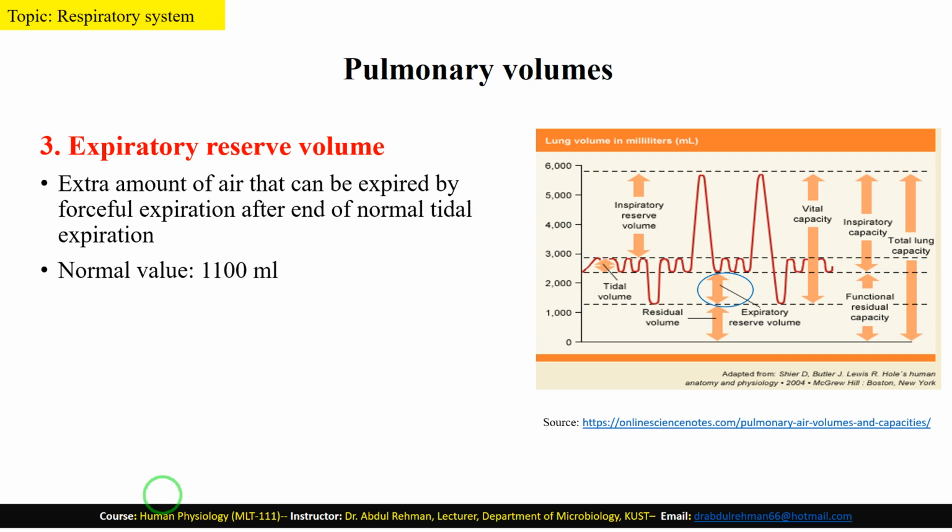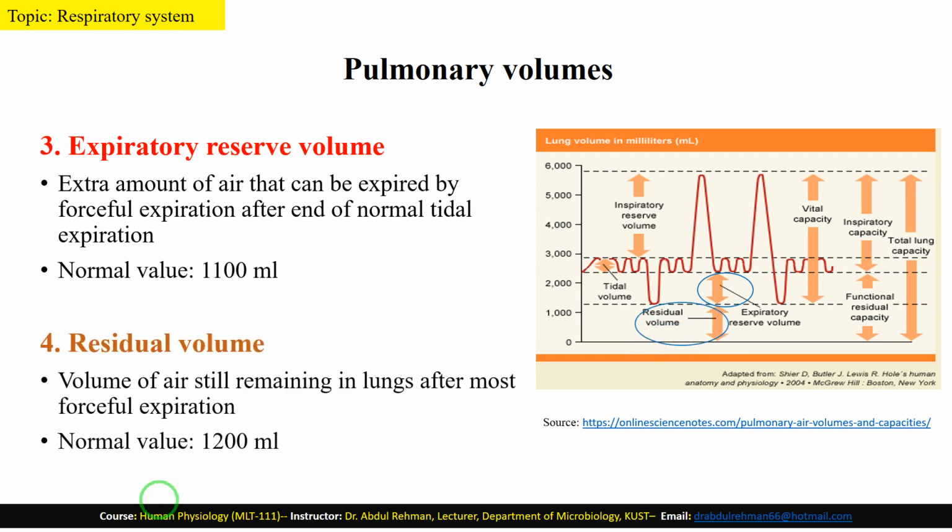Residual volume indicates that after forceful expiration, the amount of air that still remains in the lungs is called residual volume, and its range is 1200 ml.